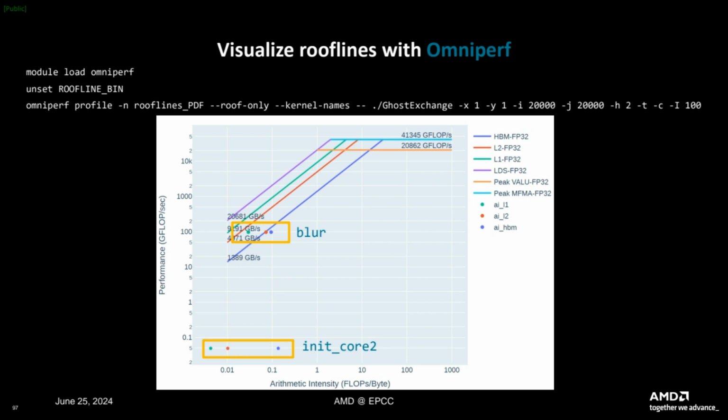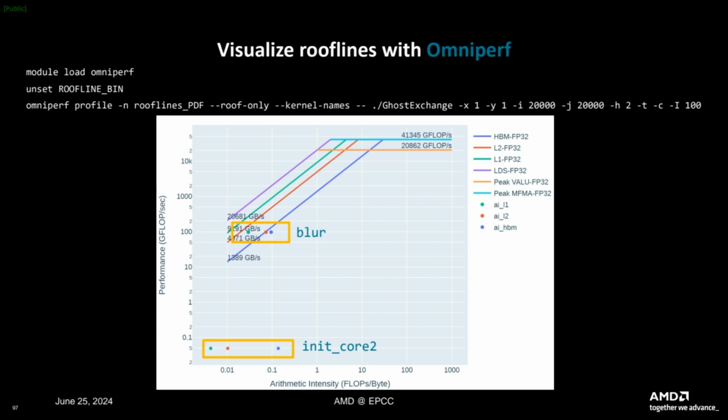We've seen that with ROCprof. And we see that the blur kernel is very close to the bandwidth limit, whereas the init core 2 is very far from it, which means that there's a lot of room for improvement to bring it up and to the right.